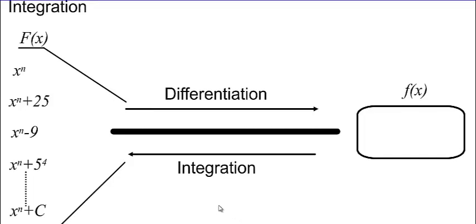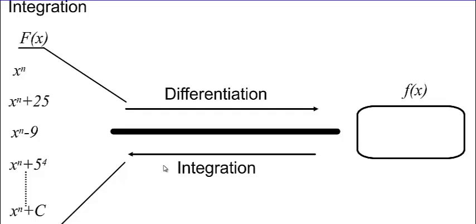So I was saying if you had a highway like the N1, it is a dual carriageway. It carries traffic from Tshwane to Johannesburg, and from Johannesburg there's another carriageway which takes you back to Tshwane. So you can say N1 south, differentiation, N1 north, integration.